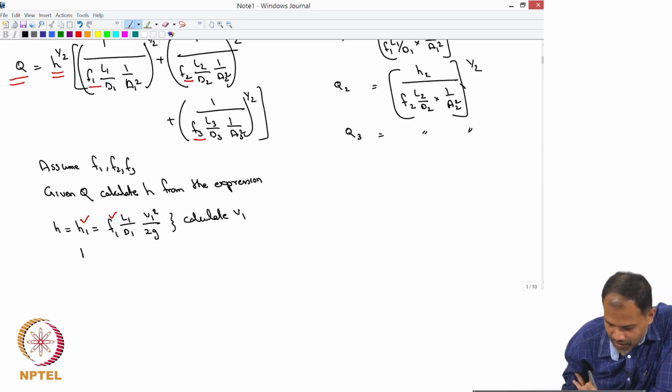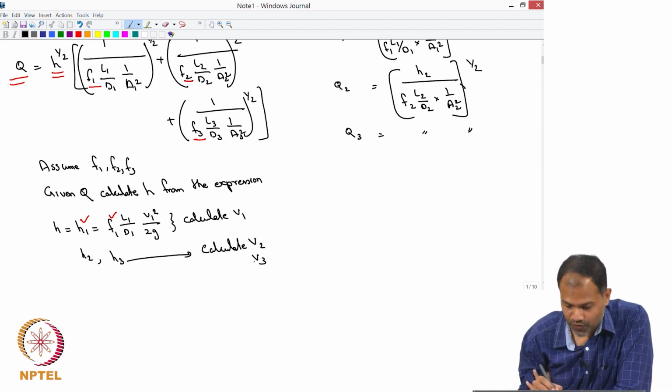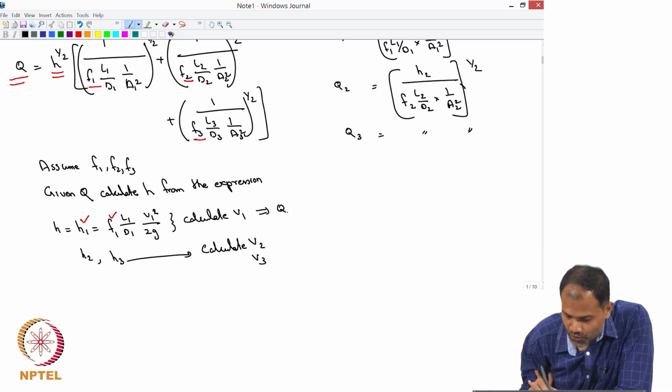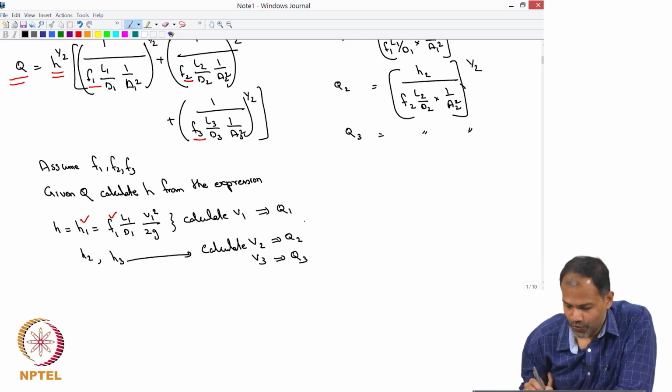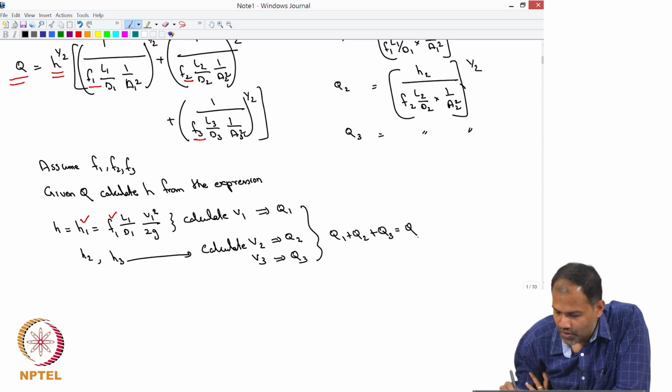Similarly, from H2, H3 calculate V2, V3, and if you know V1, V2, V3, you also know Q1, Q2, Q3, and if you know Q1, Q2, Q3, you know that Q1 plus Q2 plus Q3 should be equal to Q given.